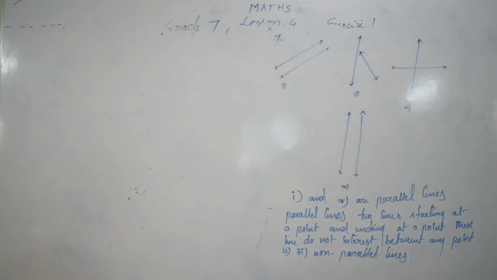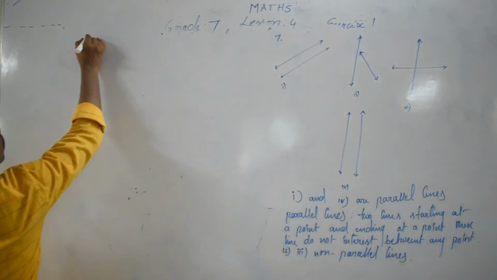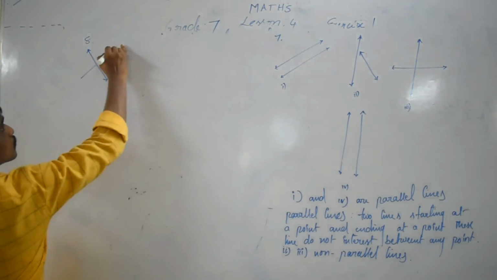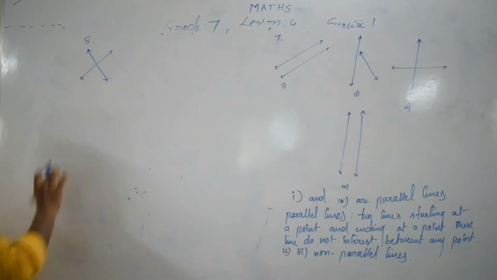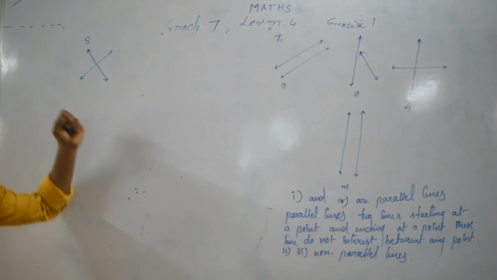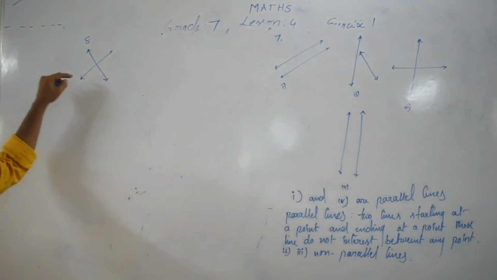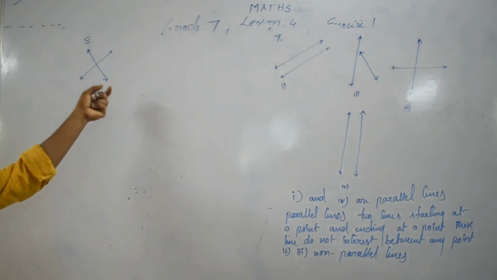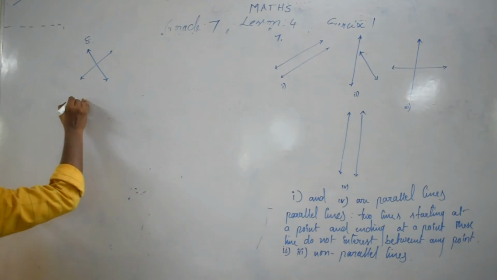Eighth one. Are these intersecting lines or not intersecting lines? What are intersecting lines? Two lines that meet at a point are called intersecting lines.